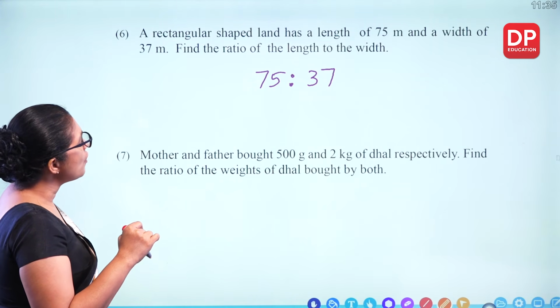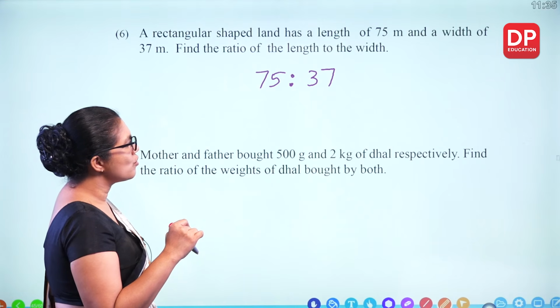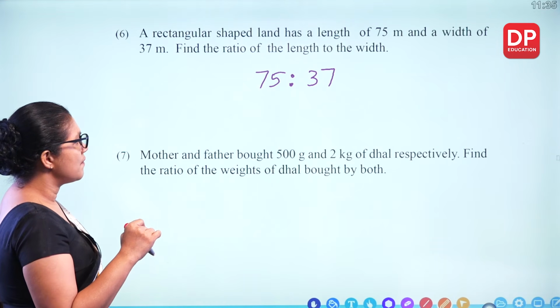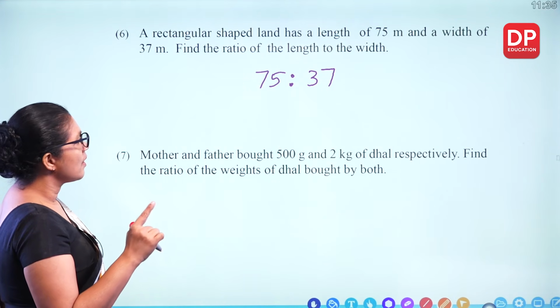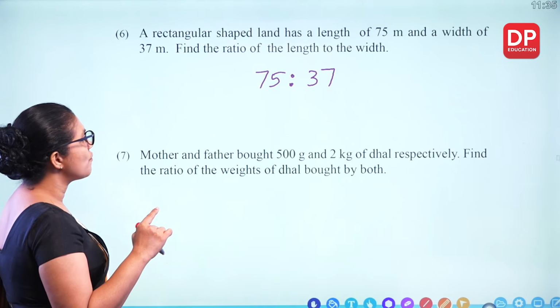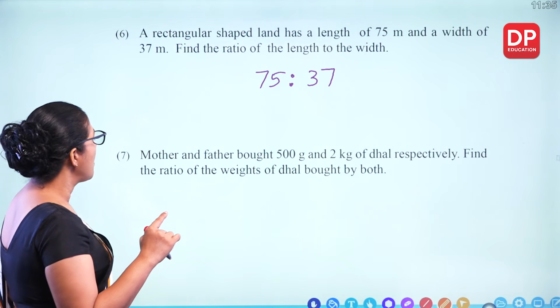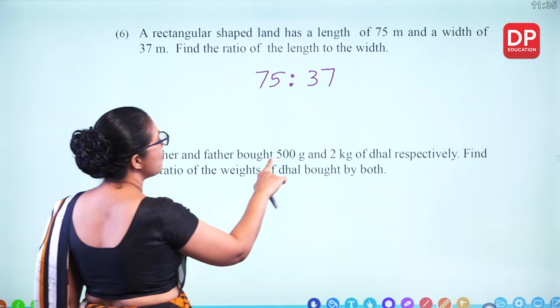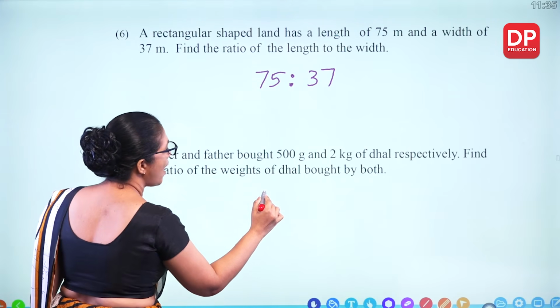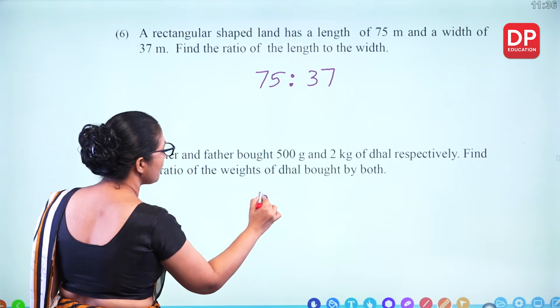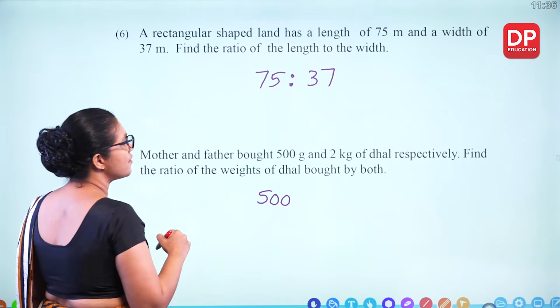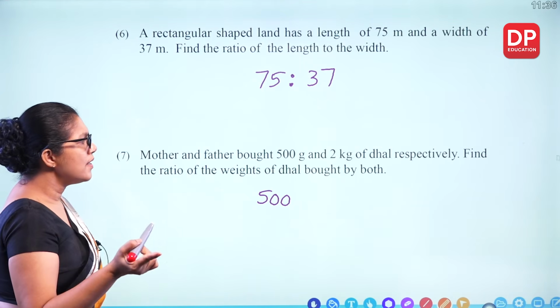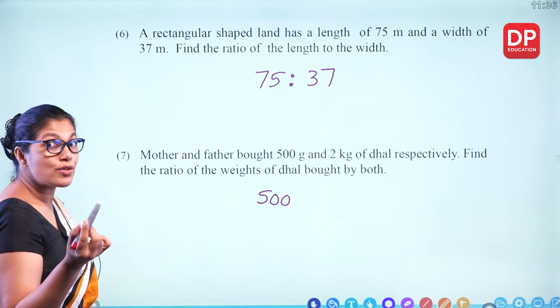Mother and father bought 500 grams and 2 kilos of dal, respectively. Find the ratio of the weights of dal bought by both. So mother bought 500 grams of dal and father bought 2 kilos.